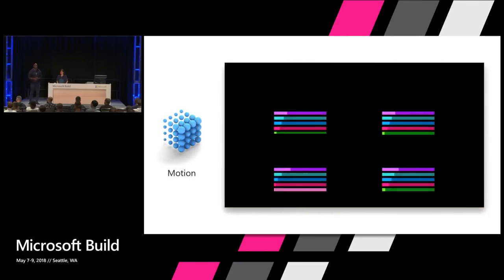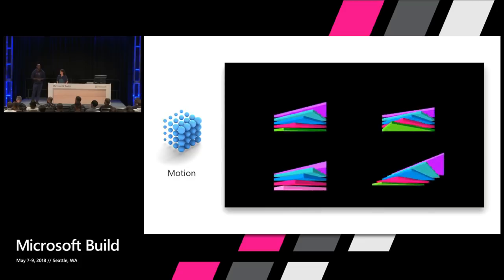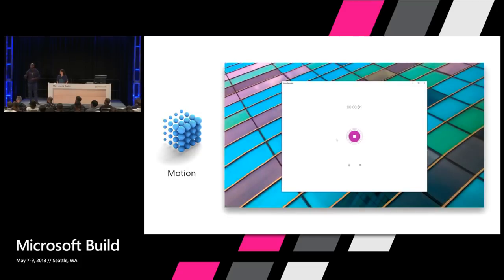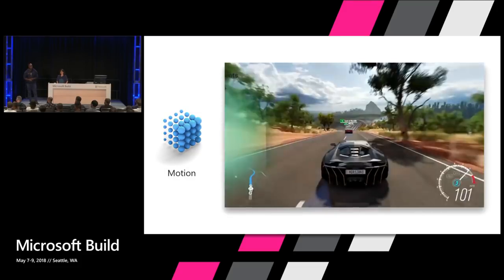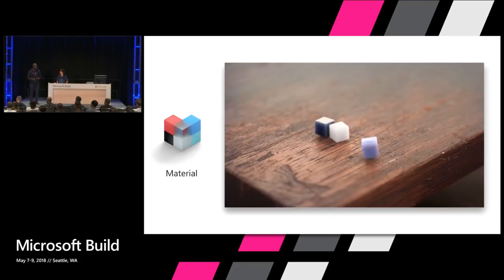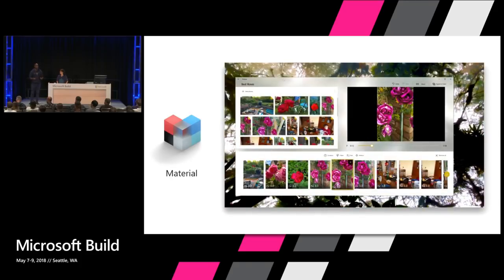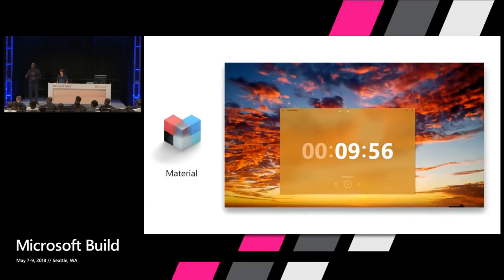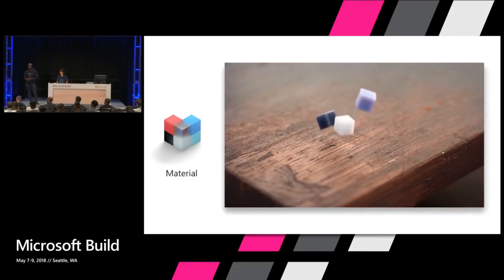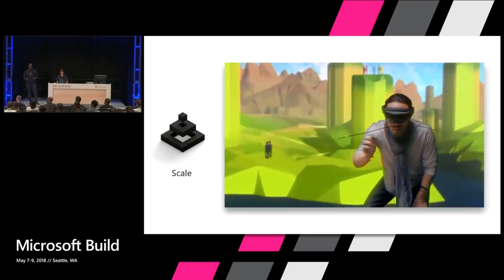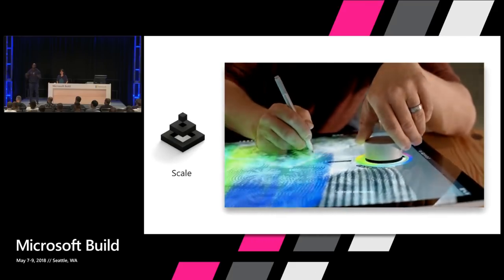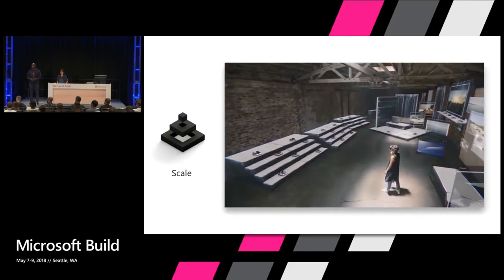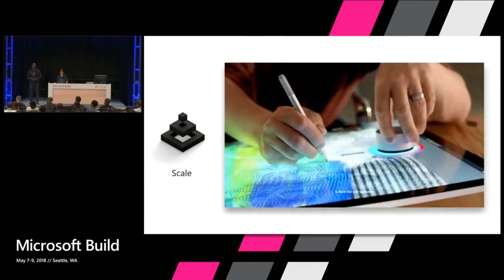And motion to bring experiences to life and lead your customers from one task to the next. Materials, bringing physical quality to experiences that map to your mental model of the world. And finally, scale. How do you push beyond 2D into other dimensions in terms of inputs and senses?